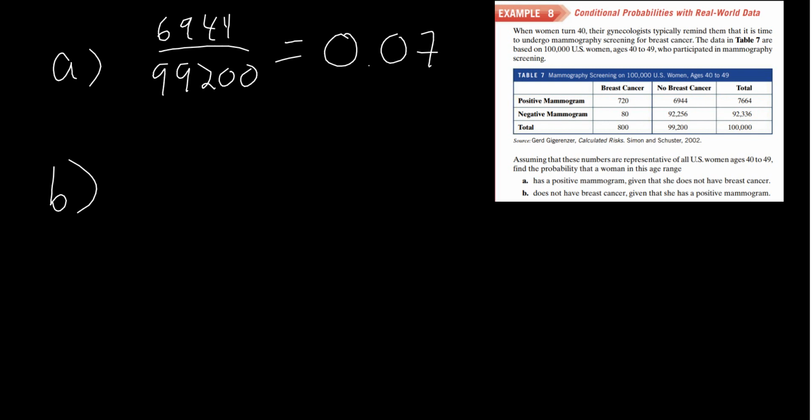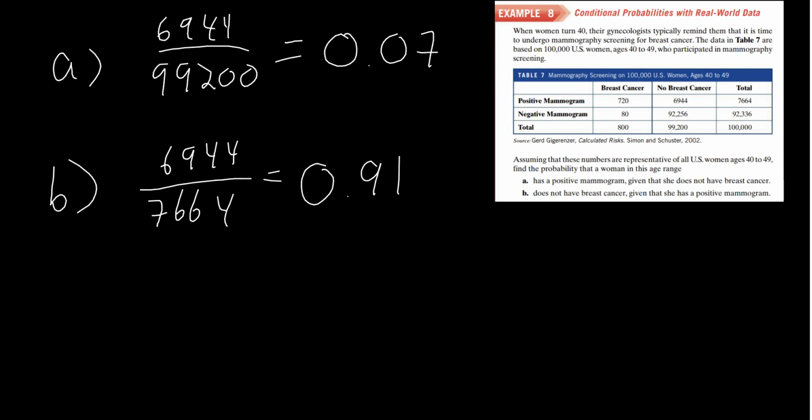We're going to use the same number, 6944, divided by how many positive mammograms there were, which is 7,664. So that's 6944 divided by 7664. There is almost a 91% chance, so 0.91. There's a 91% chance that a woman in this age range does not have breast cancer, given that she has a positive mammogram.